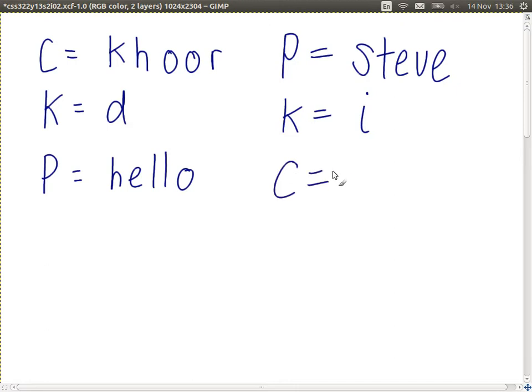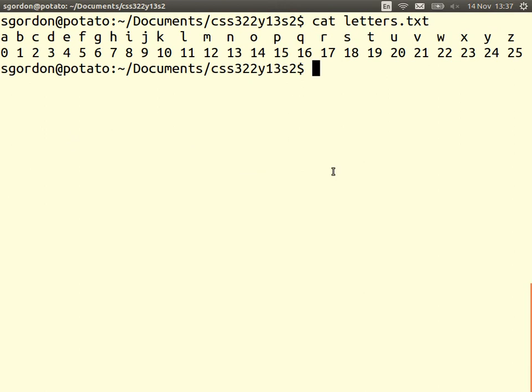Even easier, okay? But try and do it using the equation, not just using the shift. I know it's very easy using the shift, but just look at the equation for encryption. Make sure you can remember how mod works.